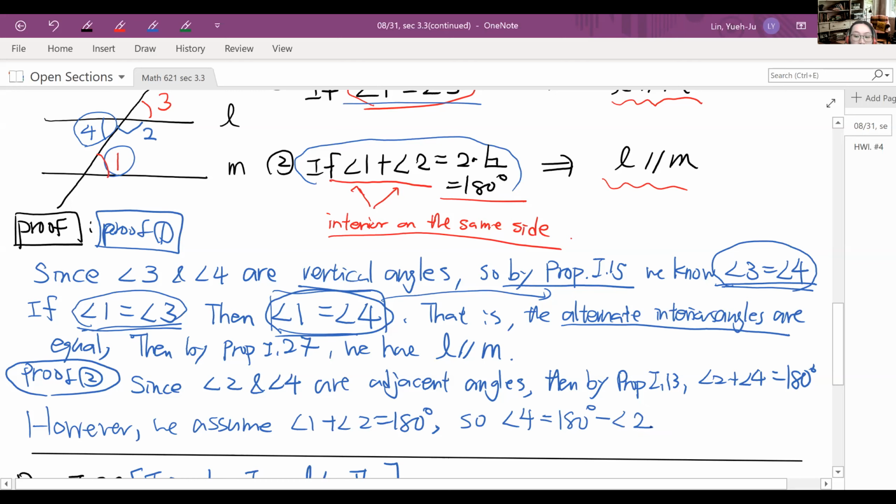But at the same time, 180 minus angle 2 is the same as angle 1. So this again tells me I have equal alternate interior angles. So again, by proposition 1.27, since we have equal alternate interior angles, by this previous proposition we know that L is going to be parallel to M.